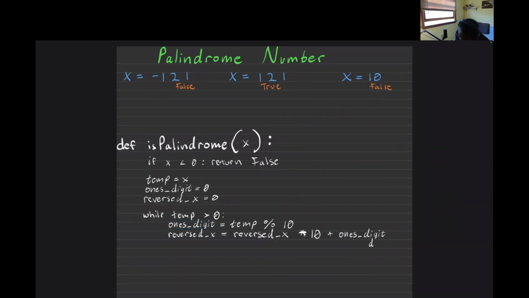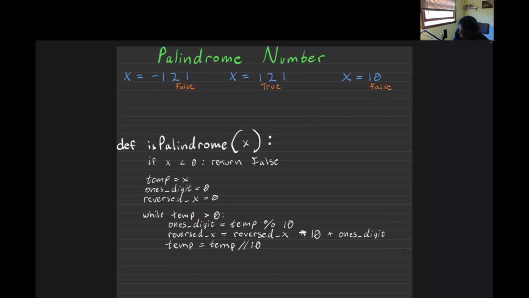And then we need to update our while loop, right? So temp is now equal to itself floor divided by 10, because remember, when we floor divide by 10, we completely remove the ones place.